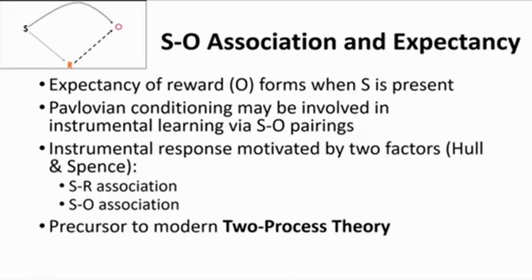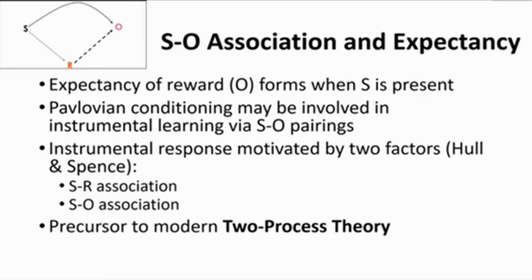All right, so our next concept is to look at our SO associations, and this is going to tie in with expectancy. So the idea here is that you come to expect something, some kind of outcome, when you encounter a particular stimulus that activates a memory of a significant event from your past.